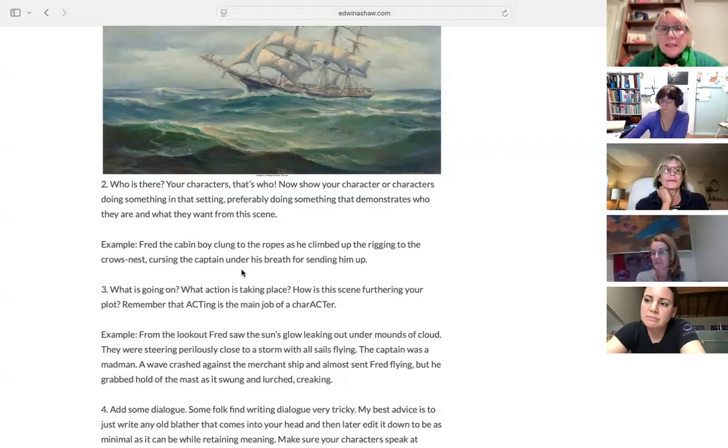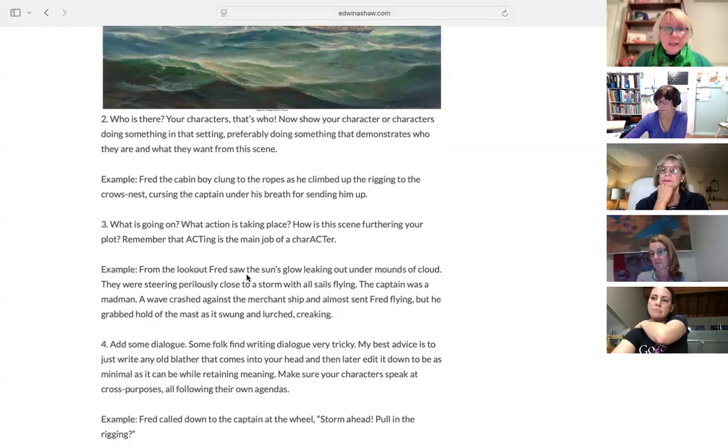But also, what is their goal for this scene and only this scene? And what other characters are there and what is their goal? So Fred the cabin boy's goal is to maybe survive the storm, and the captain's goal is to get his cargo to port as quickly as possible so he can make his money. He doesn't really care about cabin boys' lives.